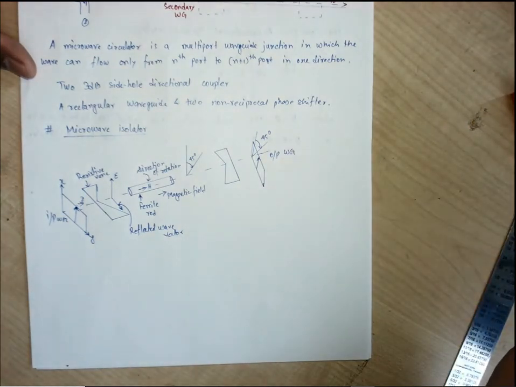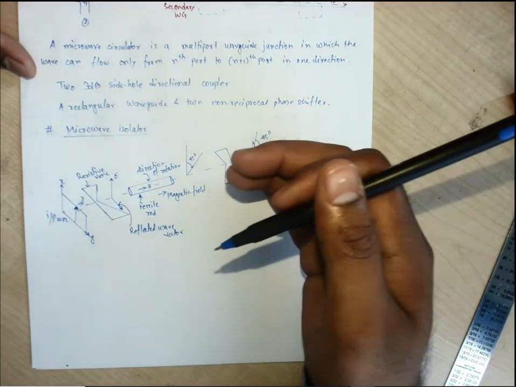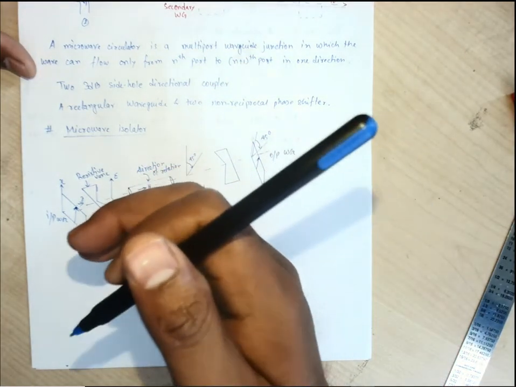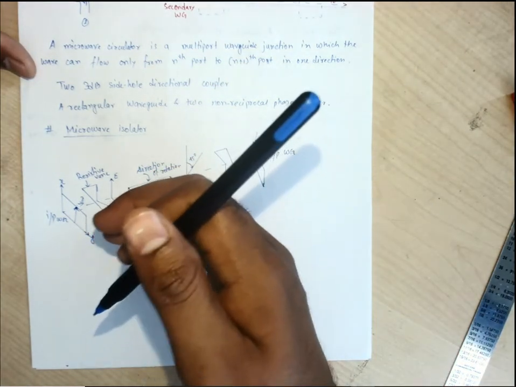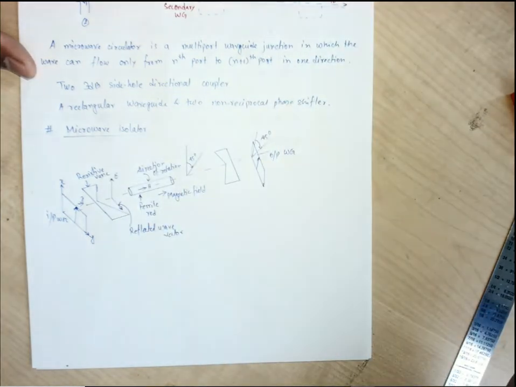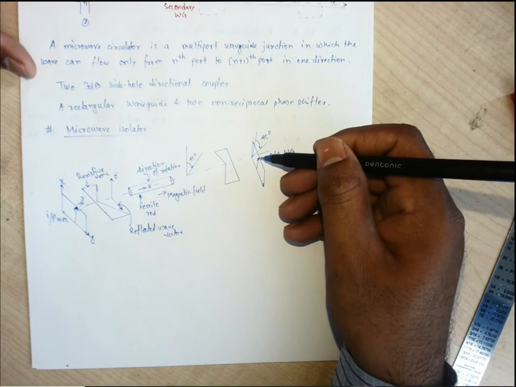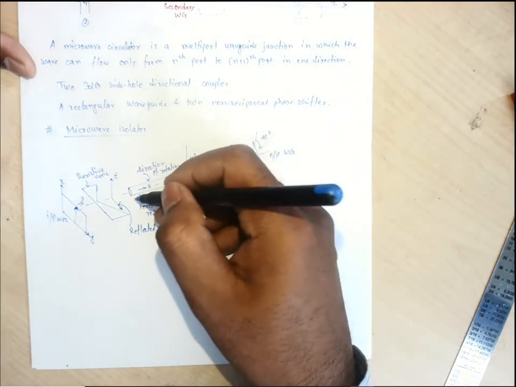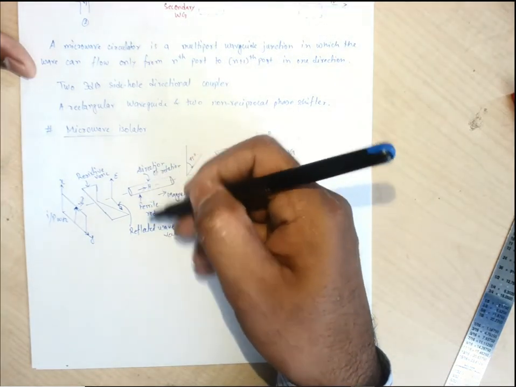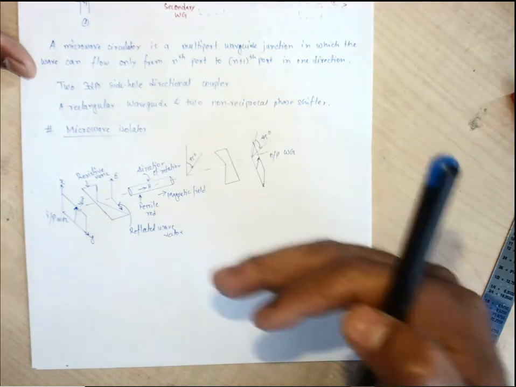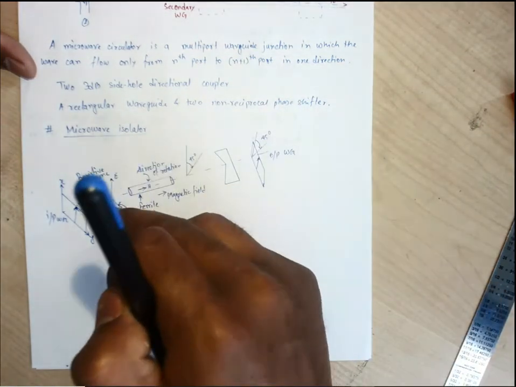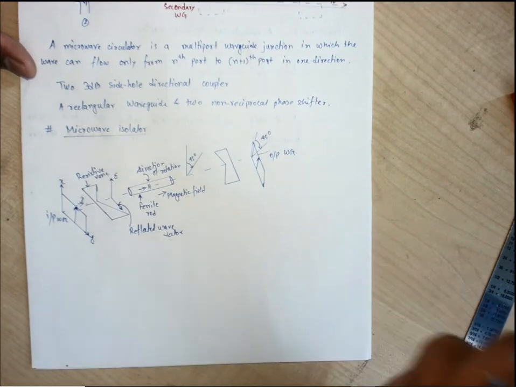Then while entering the ferrite rod, it will again be tilted by 45 degrees. Now while it is coming out of the ferrite rod, it is again tilted by 45 degrees. So a total phase shift of 45 degrees occurs at the output of this ferrite rod.